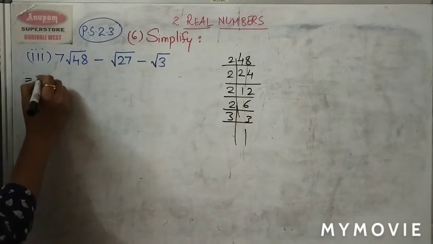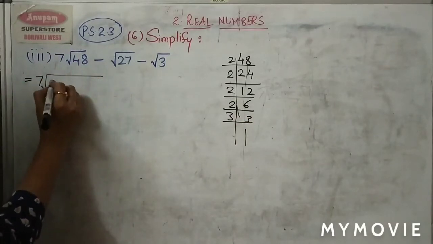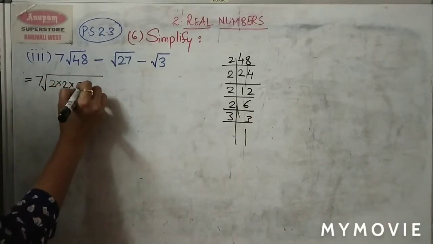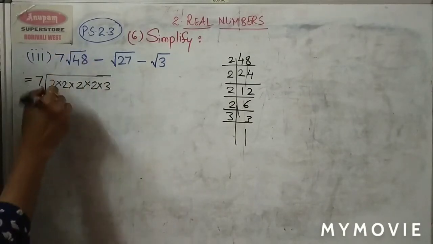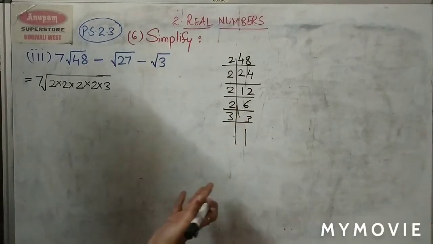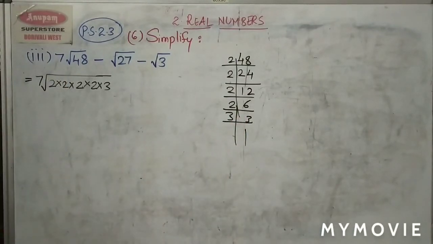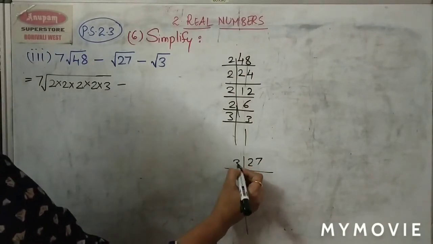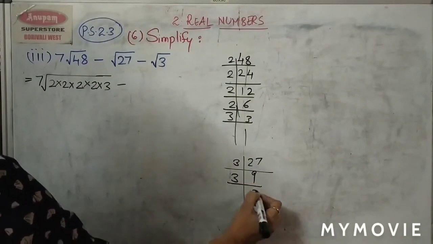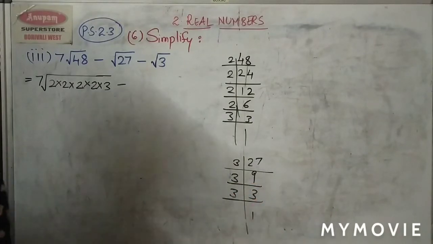That means our factors are going to be 2 into 2 into 2 into 2 into 3. This step is not necessary to be written here. You can do it in rough also, but for understanding purposes, I am writing it here. Then 27. If you factorize 27, 3 nines are 27, 3 threes are 9, and 3 ones are 3.